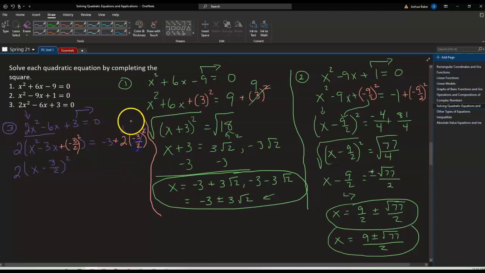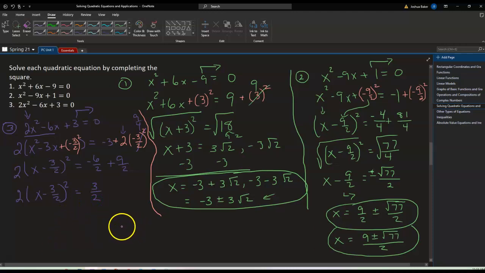Let's do some arithmetic here. This is a 9 over 4. So then 2 times 9 over 4 is going to be 9 over 2. And I want to rewrite negative 3 as a fraction with a 2 as its denominator. So let's see here. This will be a 3 over 2.